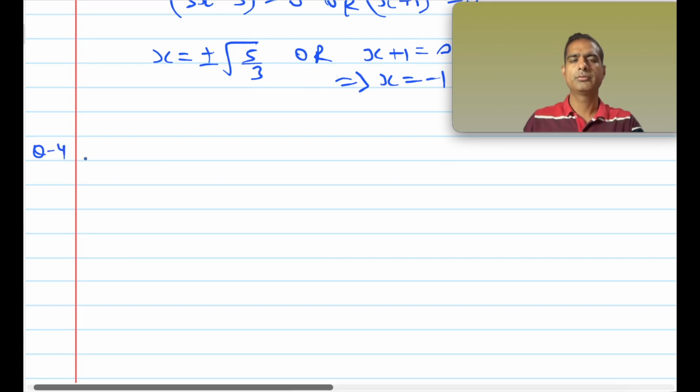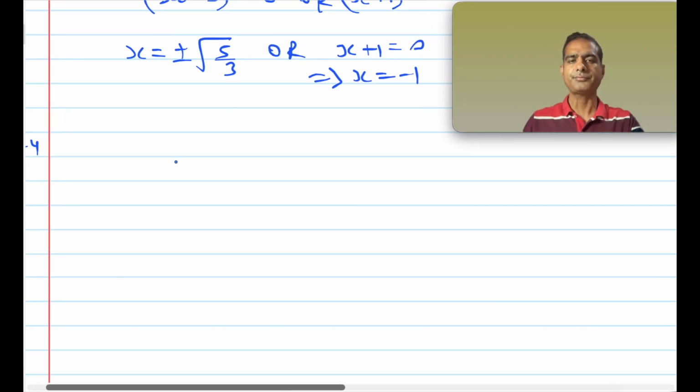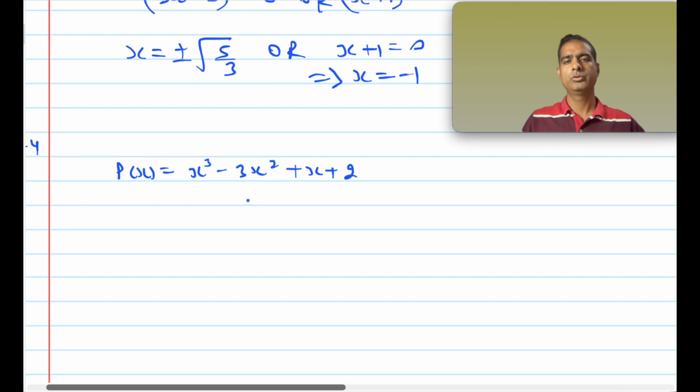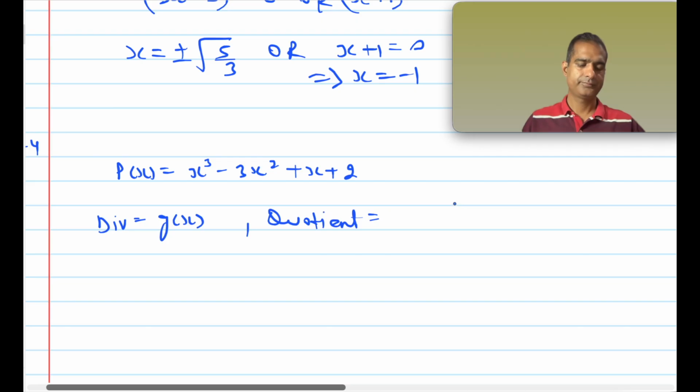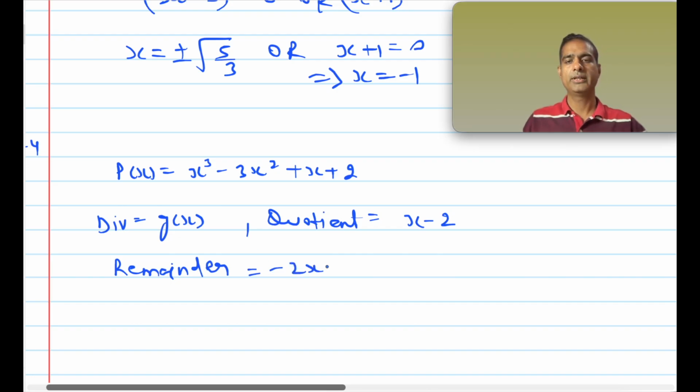So question number 4 is, the given polynomial is, let me write, p of x is x cube minus 3x square plus x plus 2, and the divisor given is g of x, the quotient is x minus 2, and the remainder is given, minus 2x plus 4.